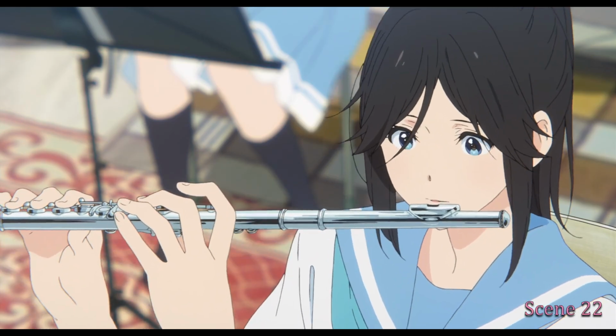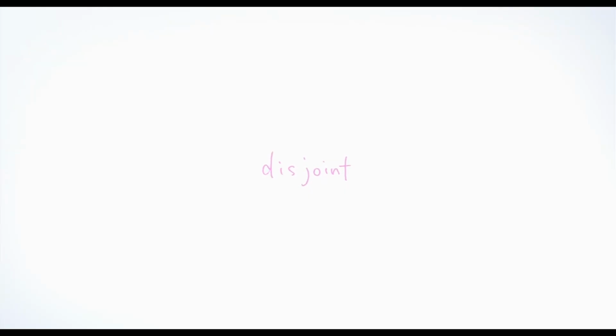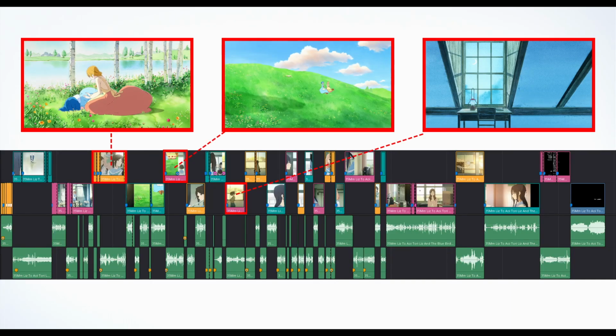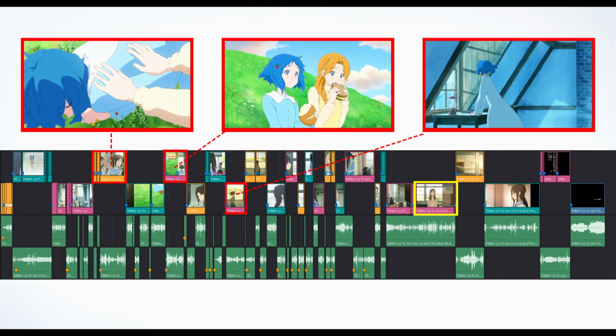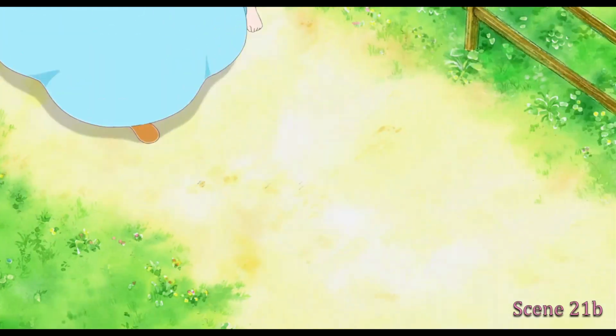In this way, the idea of disjoints is being set up to be further reinforced and emphasized. It's also revisited as the main musical motif during each of the fairy tale scenes, except for one, but we'll talk about that when we get there.